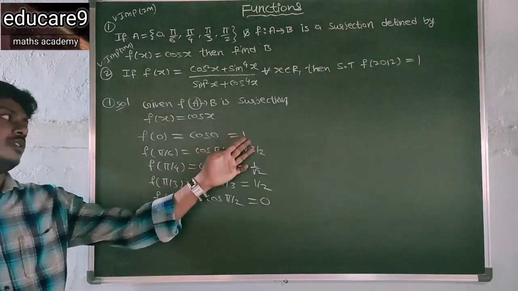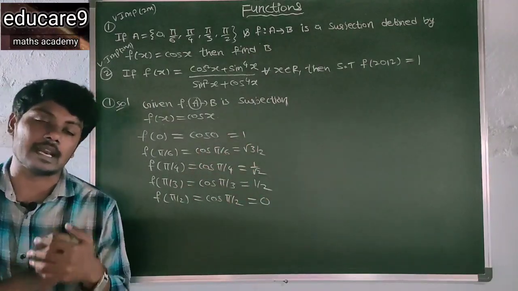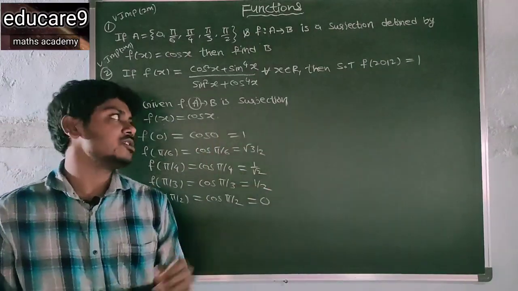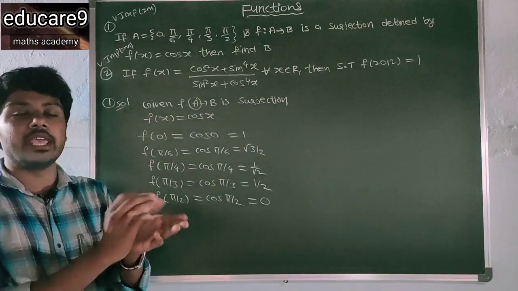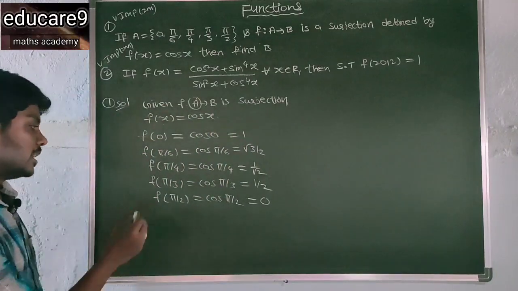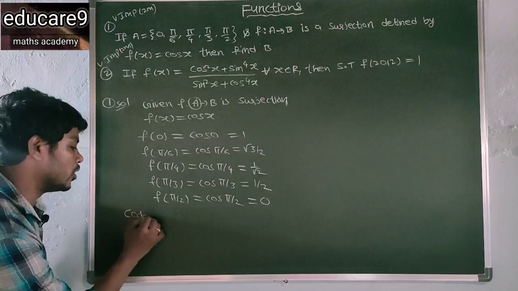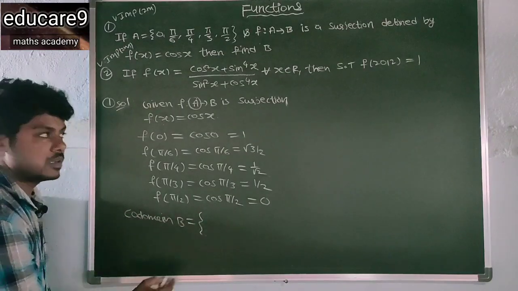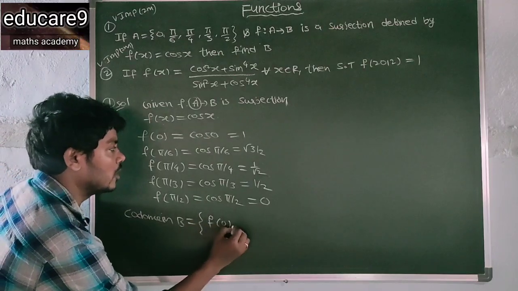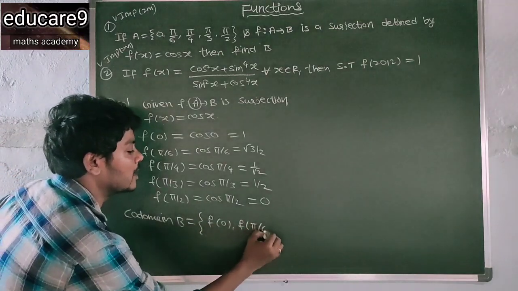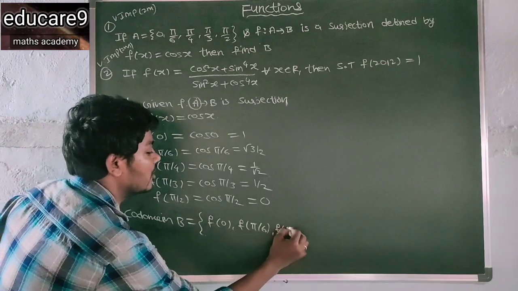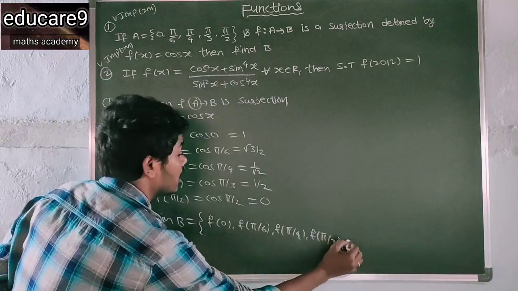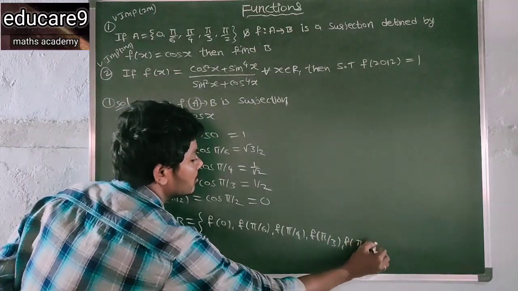So what are these values? Y values, that are range. Okay, but here the function is what? Surjection. So whenever it is surjection, the range is equal to the codomain. So clearly codomain B is equal to what? f of 0, f of pi by 6, f of pi by 4, f of pi by 3, f of pi by 2.